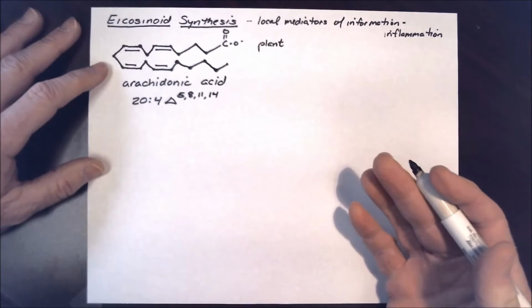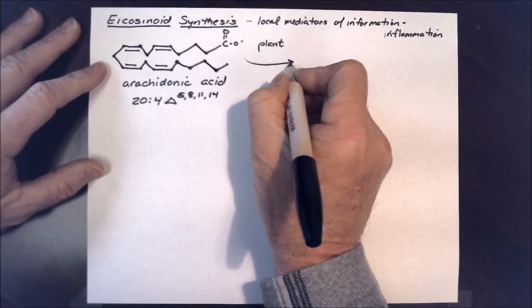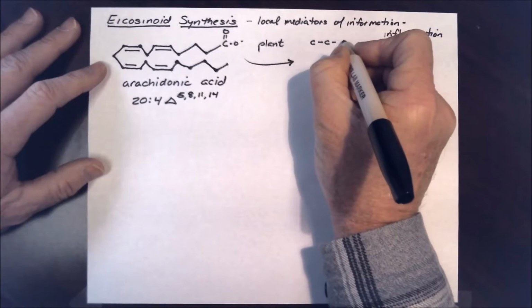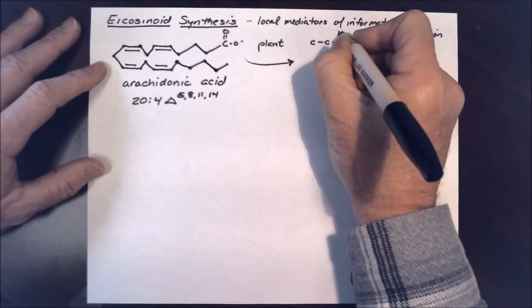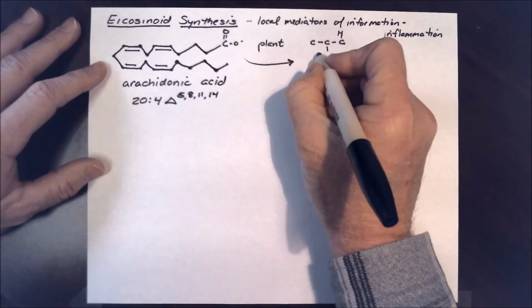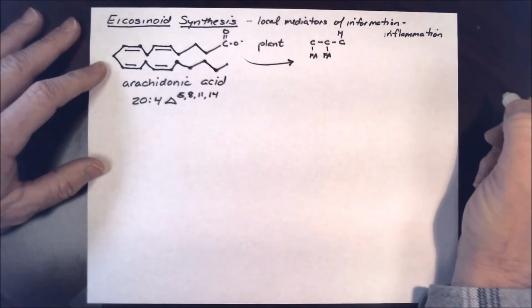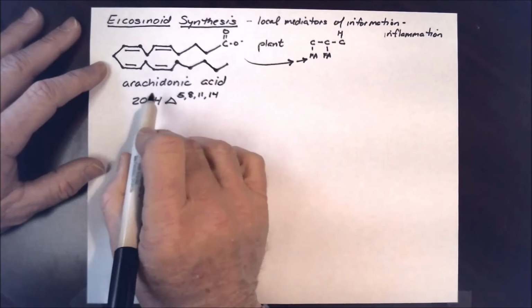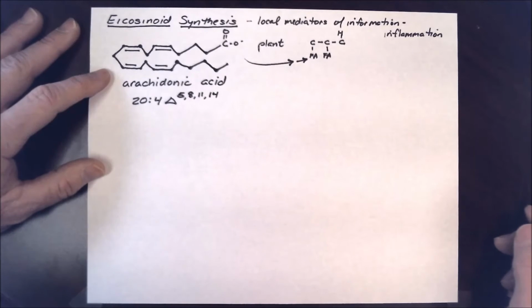Now, once this is taken in a dietary fashion, this fatty acid can be stored as a phospholipid. So remember, we have our head group on the phospholipid. We have the fatty acid coming off of the glycerol backbone, and one of these fatty acids can be represented by arachidonic acid. So arachidonic acid can be stored in the plasma membrane.